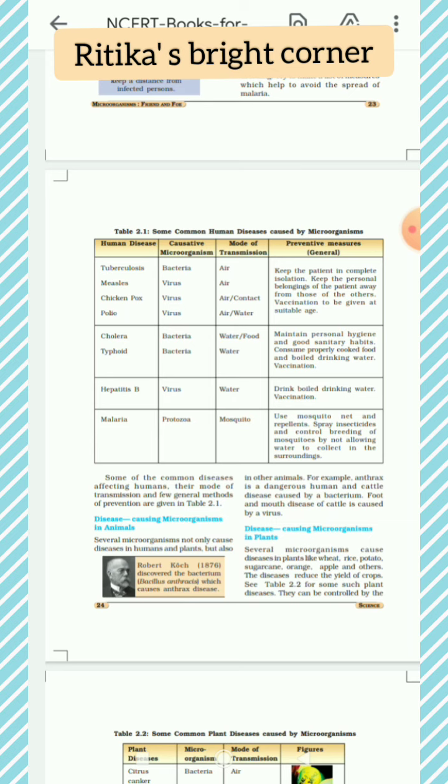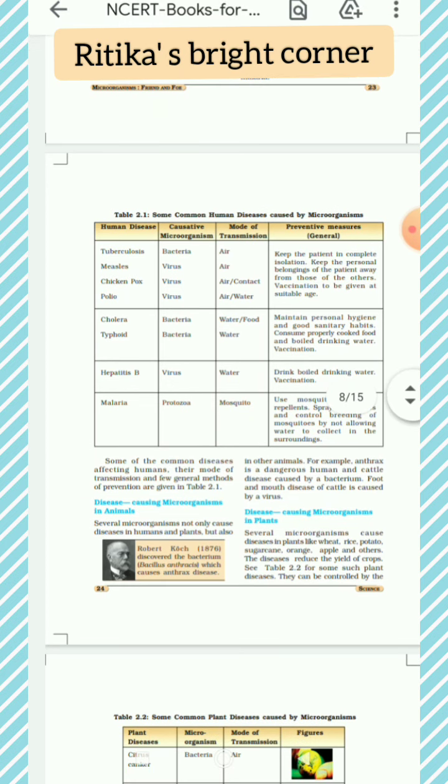Tuberculosis is caused by a bacterium, and it is transmitted through air. Measles is caused by a virus, and its mode of transmission is air. Now chickenpox.